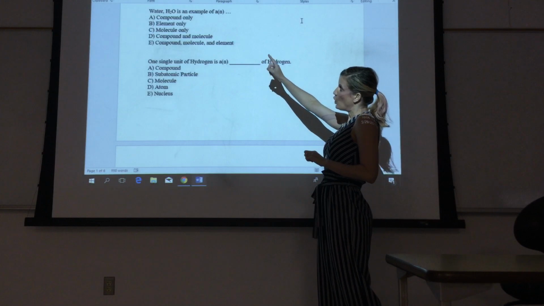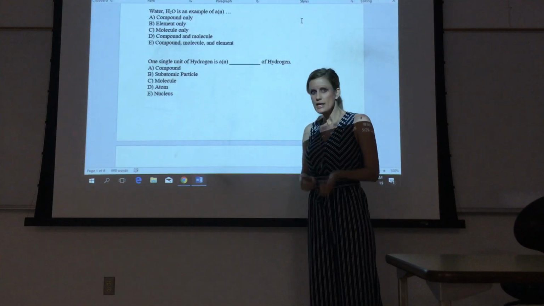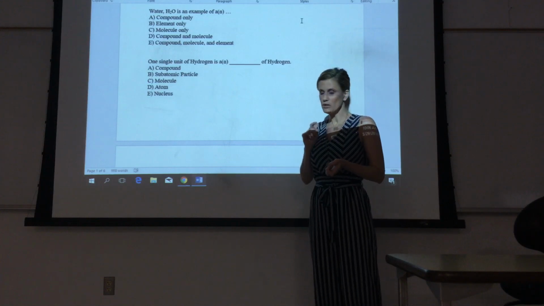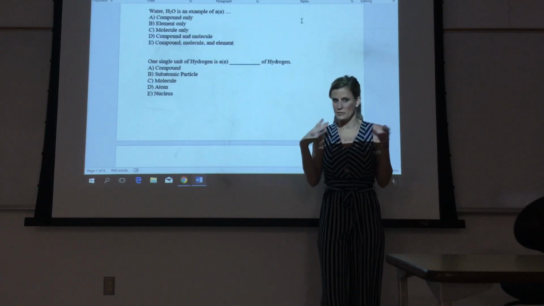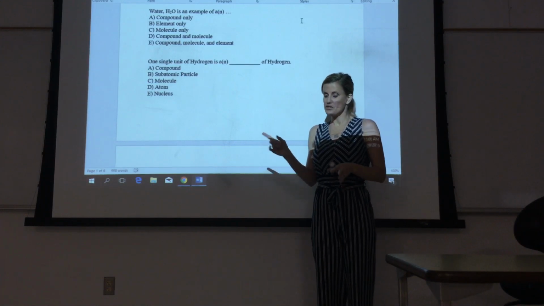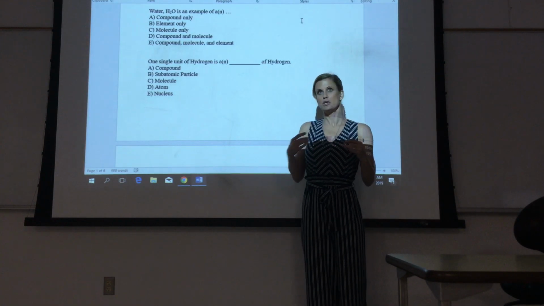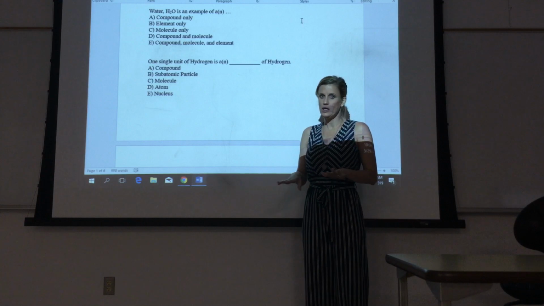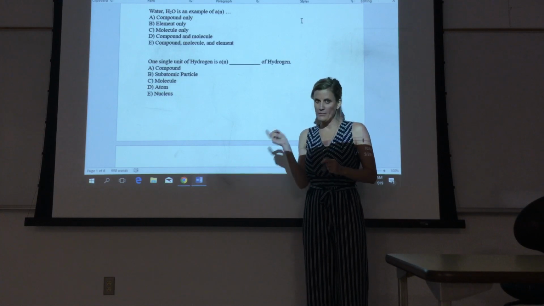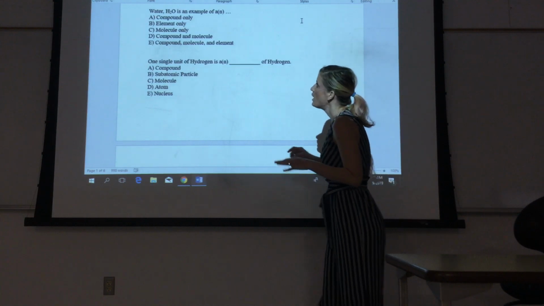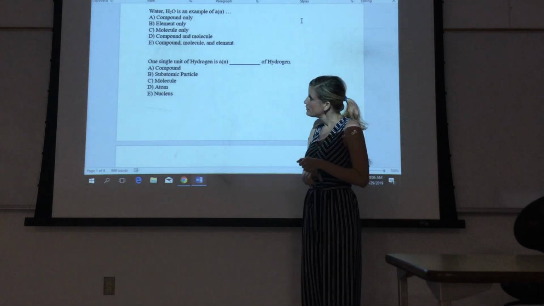A compound only? No, I just said it's a compound and a molecule. An element only? No. Remember, an element is a pure substance. So if it was just hydrogen, or just oxygen, or just carbon, it would be an element. But I have multiple elements, hydrogen and oxygen, so it's not just an element. A molecule only?